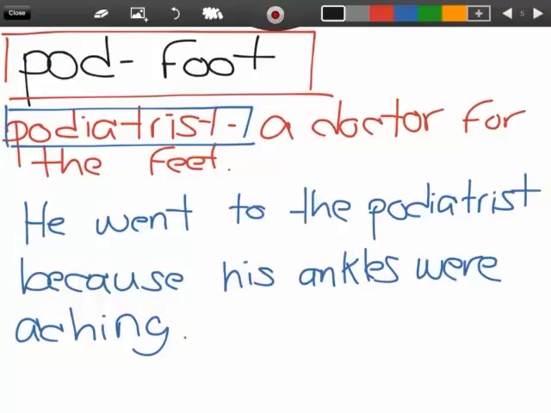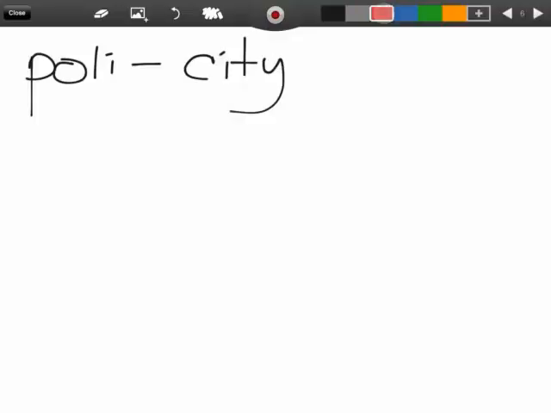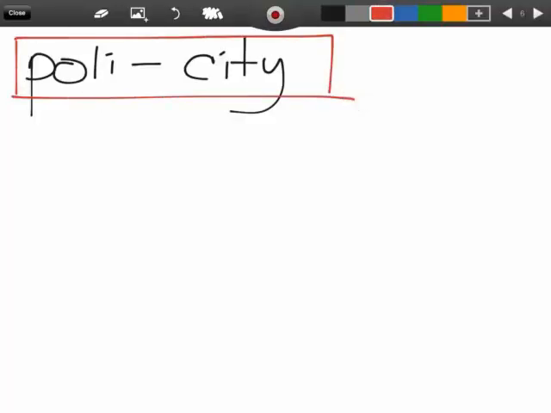Moving on to our next root is poly. Poly is a very common root, so I'm going to go ahead and underline that for you as well, or put it in a box like this. Poly means city.